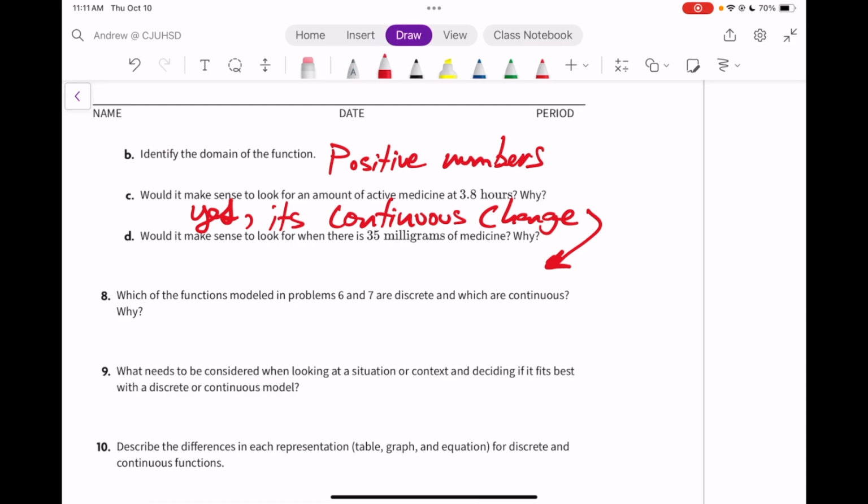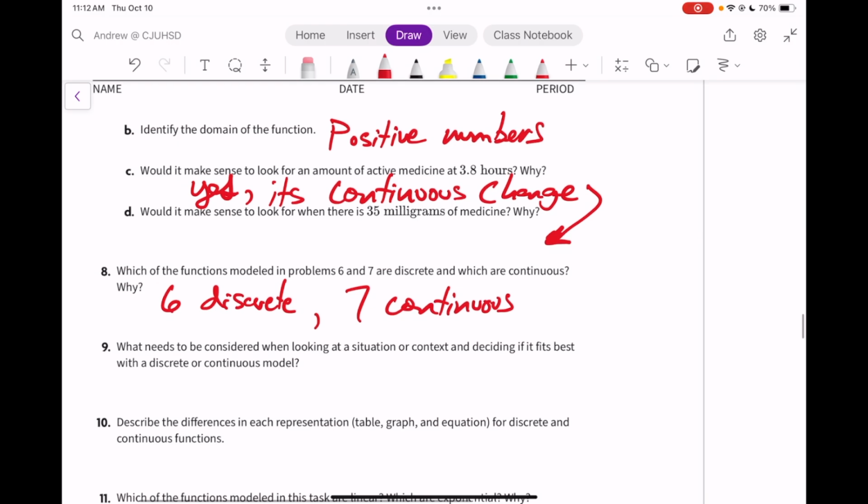Which of the functions modeled in problems 6 and 7 are discrete and which are continuous? So 6 was discrete and 7 was continuous. What needs to be considered when looking at a situation or context to decide if it fits best with discrete or continuous model?